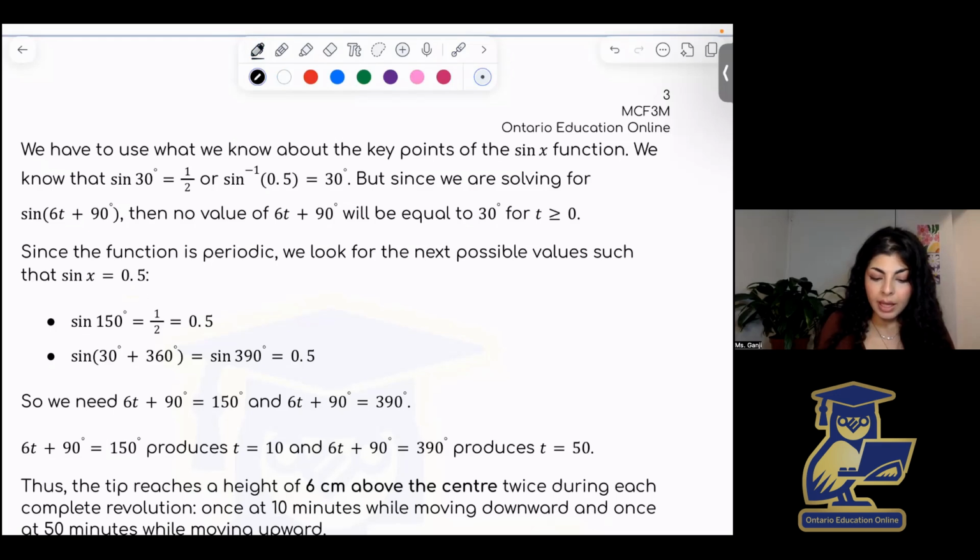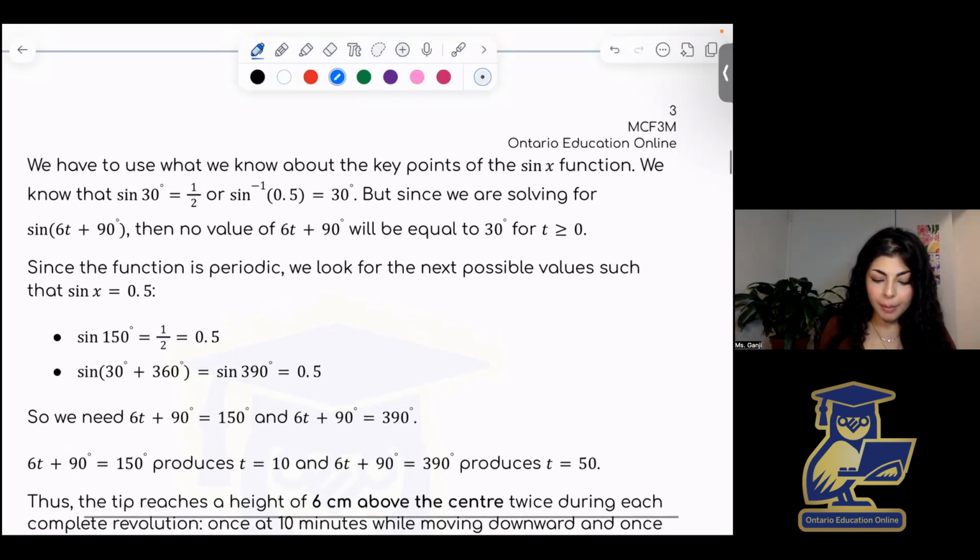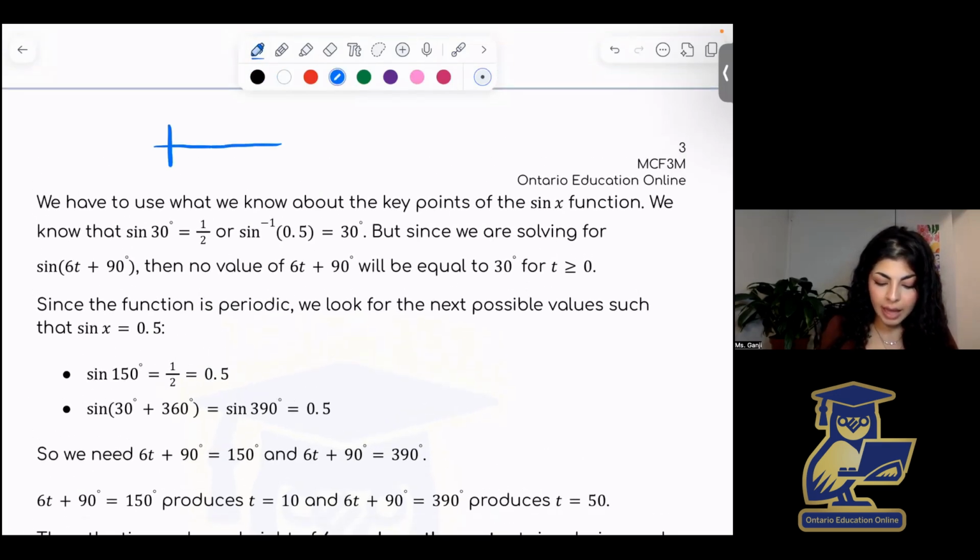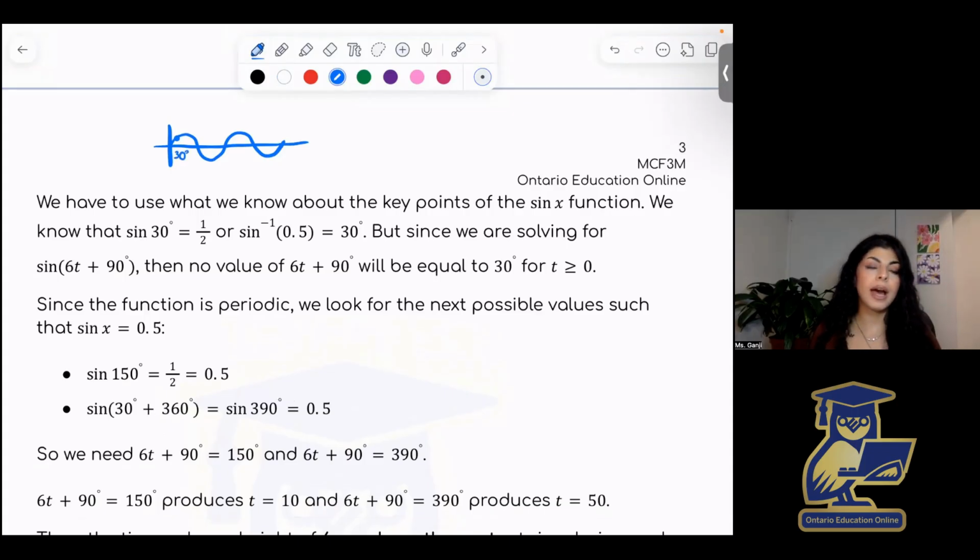So again, we're only looking first at our parent function for sine. Approximately here is 30 degrees, where we have sine of x equal to half. Another time this happens is over here, which is 180 minus 30, or 150 degrees.